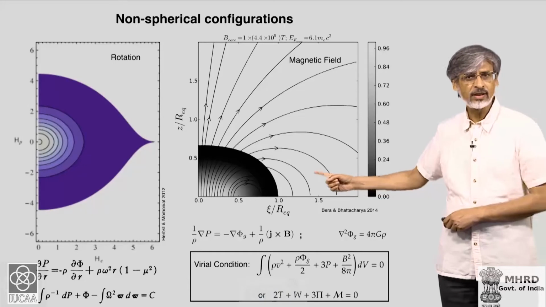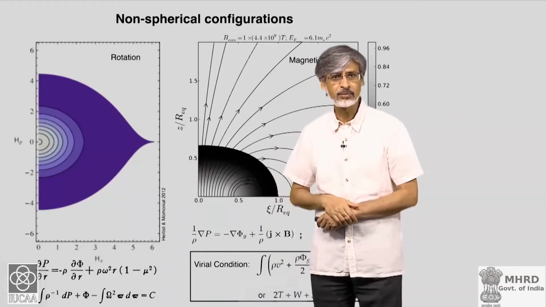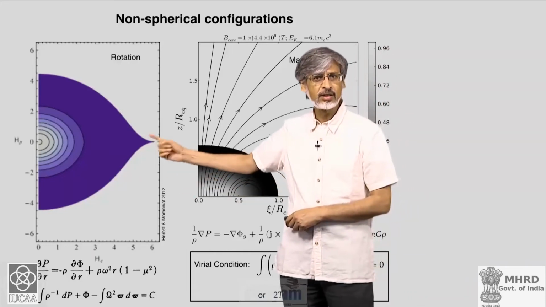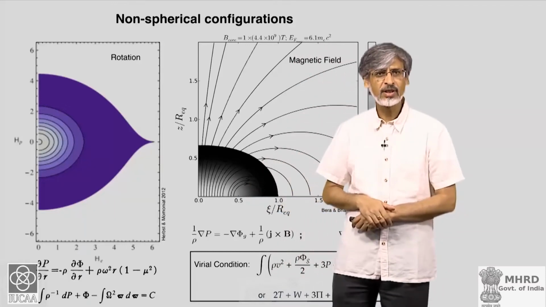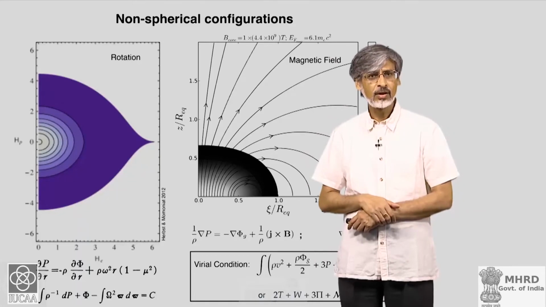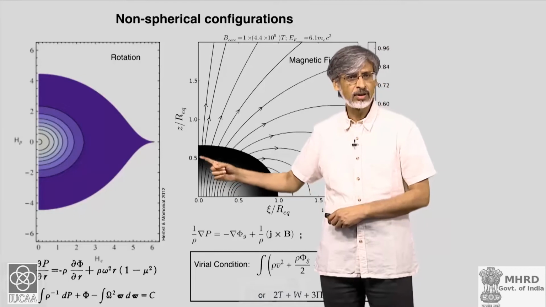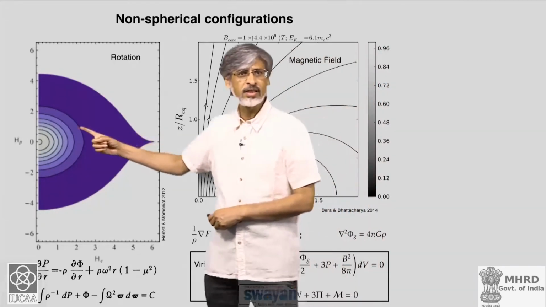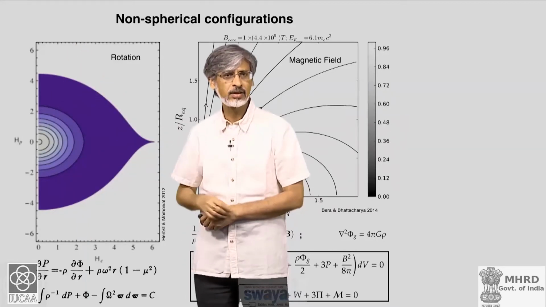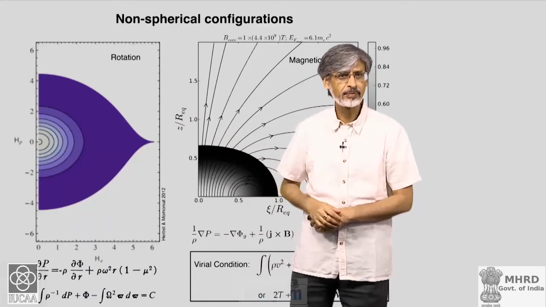What we show here are some results from the literature which people have already computed. This figure on the left is the white dwarf structure in the case where fast rotation is included. The rotation, as one can clearly see, tends to flatten the configuration at the poles and extend it at the equator.